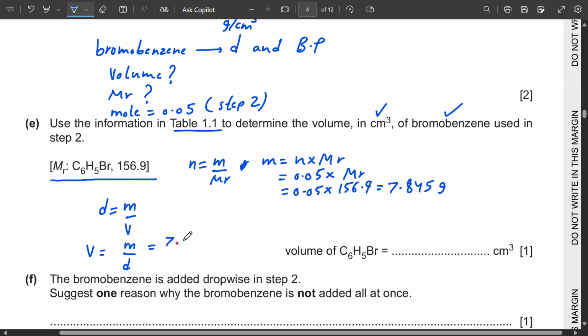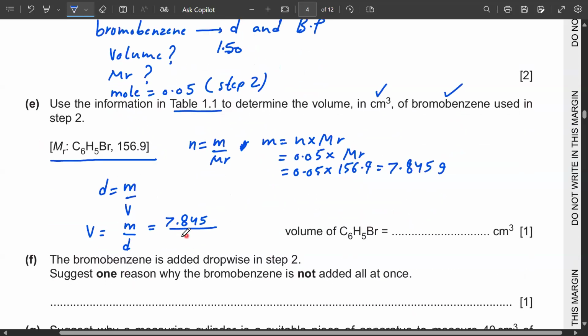The mass is 7.845 divided by density value, 1.50. So it is equivalent to 5.23. So you will write 5.23 right here. Is this clear?